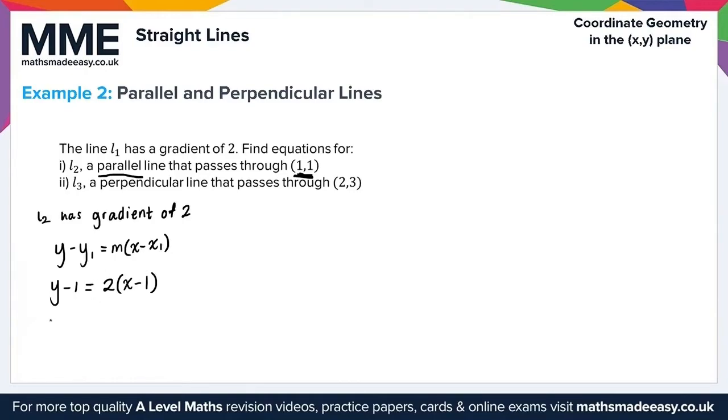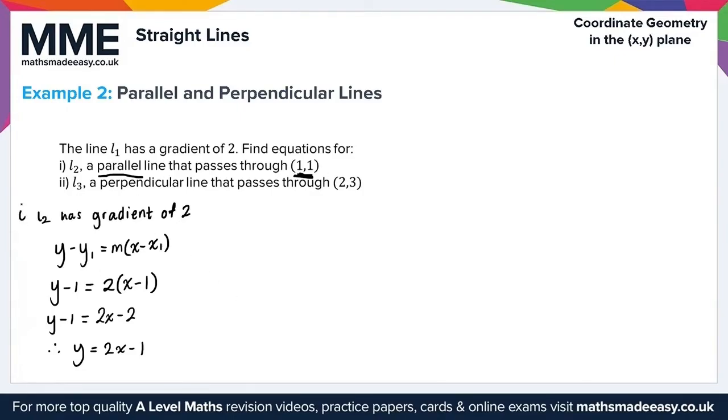If we expand the right hand side first, we get 2x minus 2. Now we want it in the form y equals mx plus c, so if I add 1 to both sides, we get y equals 2x minus 1. Okay, so that gives us the solution to the first part of example 2.